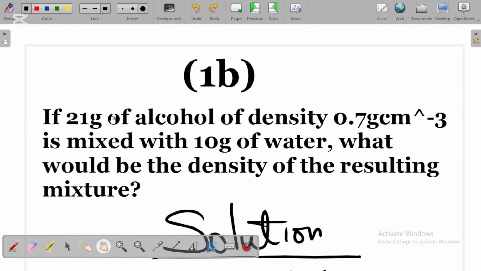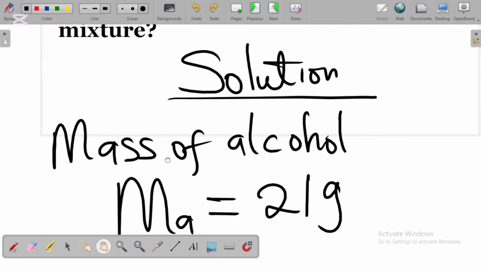If 21 grams of alcohol, that's to tell you that the mass of alcohol is 21 grams, and the density of alcohol is given as 0.7 g cm raised to power negative 3.